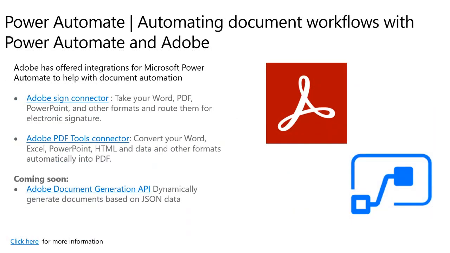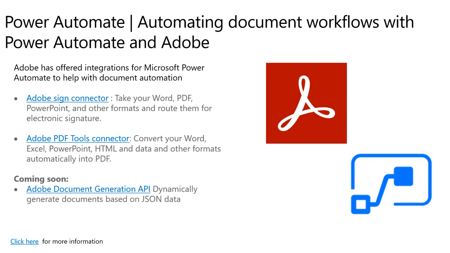Next up on the Power Automate side, this is automating document workflows with Power Automate and Adobe. Adobe has offered some integrations to help with that document automation. The first one is the Adobe Sign connector, and you can take your documents, Word, PDF, PowerPoint, and route them for electronic signature from within Power Automate.